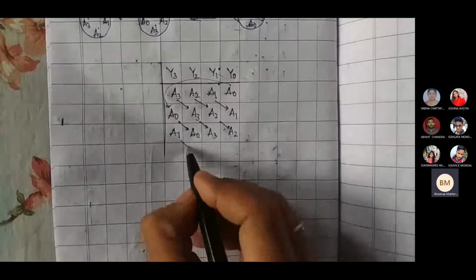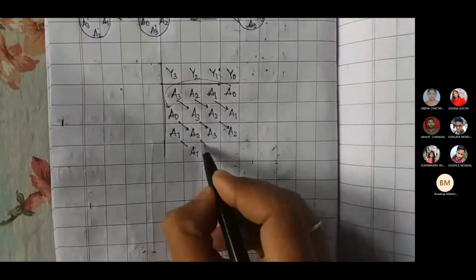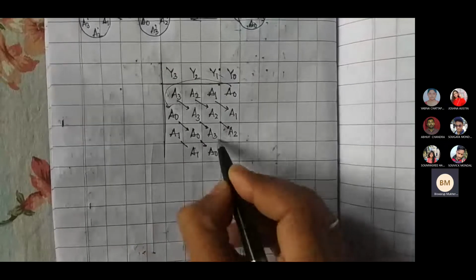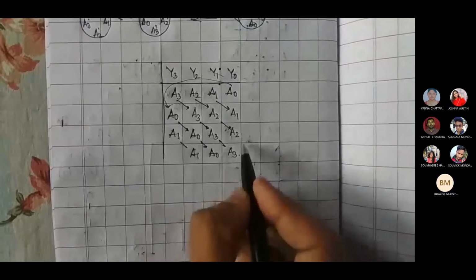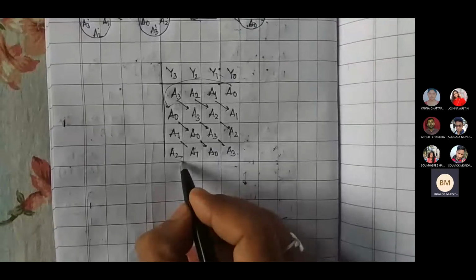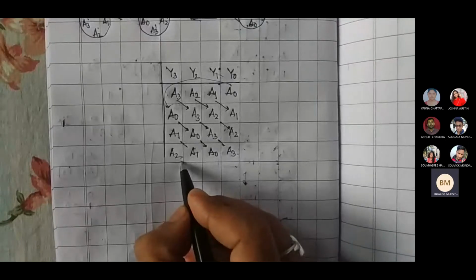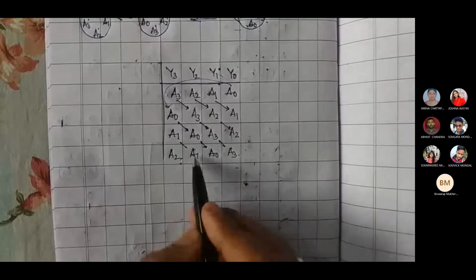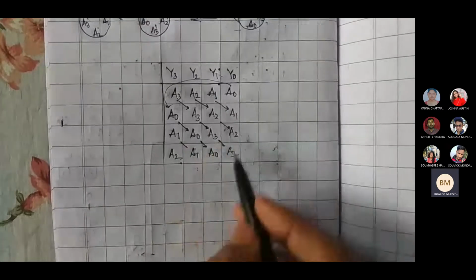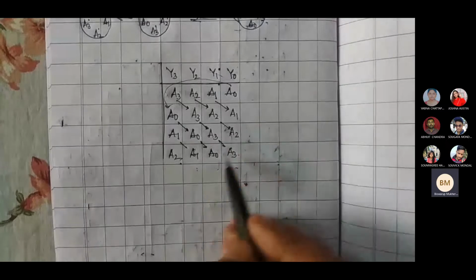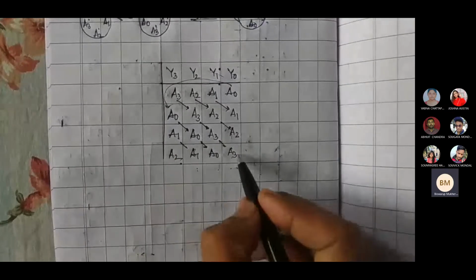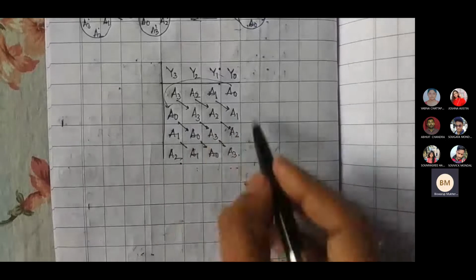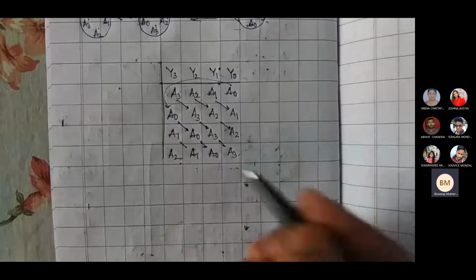Again একই রকম ভাবে A1, here it is A0, here it is A3, and A2 will come back again. Again, A2 will come here, A1 here, and A3 will come back again. So again the same thing is happening. So I am having 4 rotations, চারটে rotation হলো.